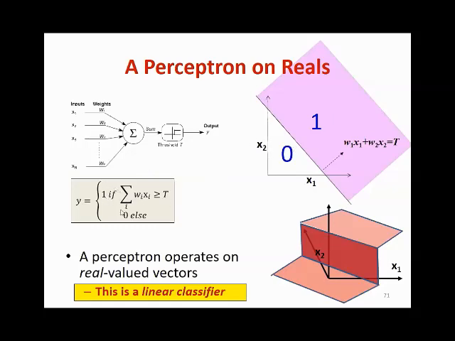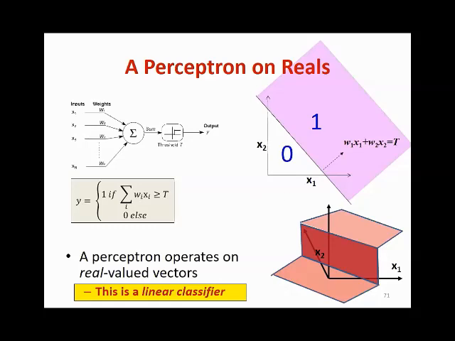For inputs on the other side, the output is going to be 0. So this is a linear classifier because the boundary between 1 and 0 is a hyperplane. That's linear. And if I plotted this using this extra axis to represent the output, so for two-dimensional inputs, x1 and x2 are the inputs, x3, and this vertical axis is the output y, the perceptron models this function, which is the step function, which is 0 until the boundary and then jumps up to 1.